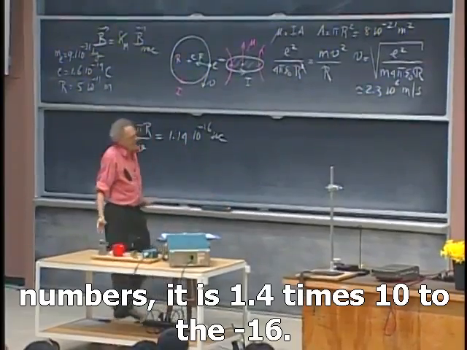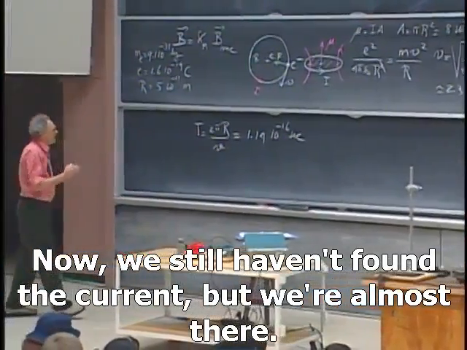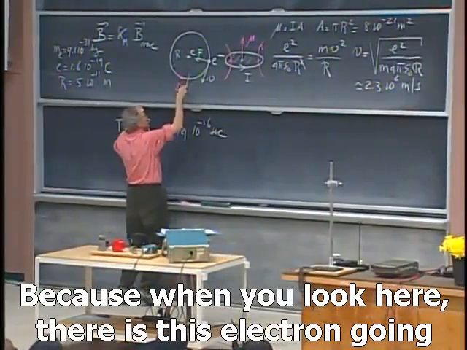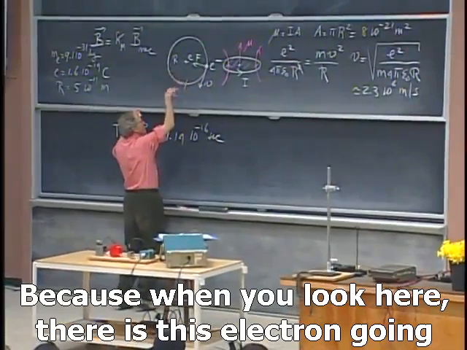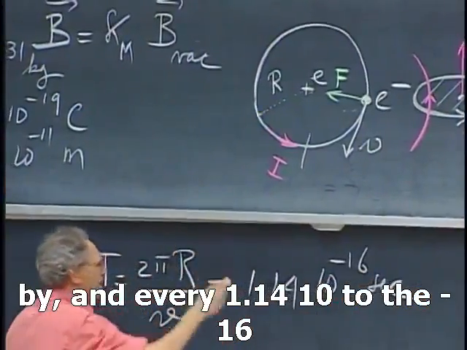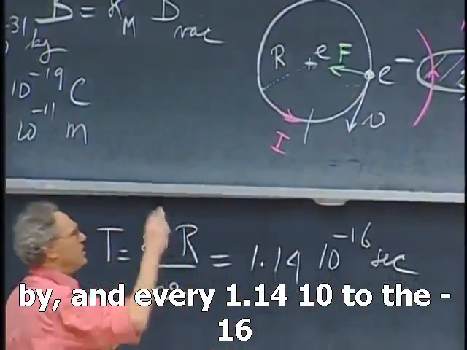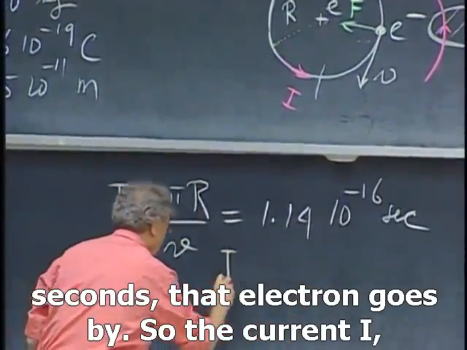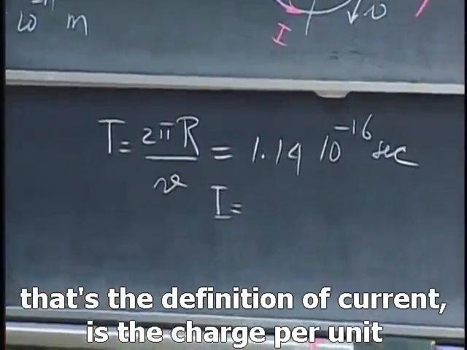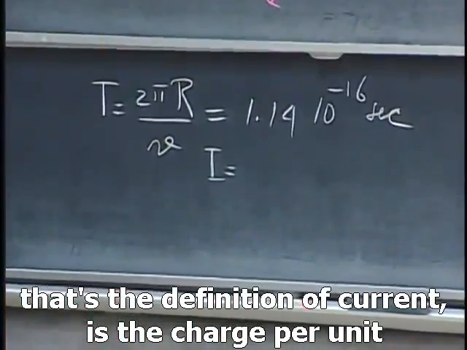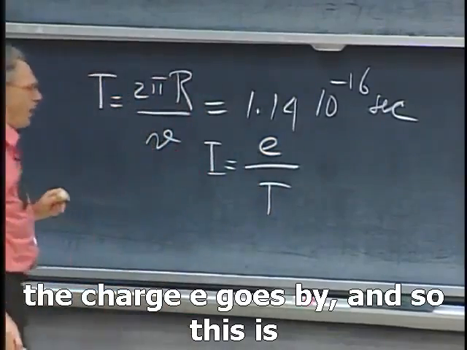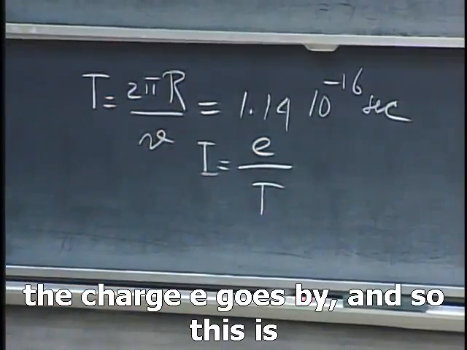Now, we still haven't found the current, but we're almost there. Because when you look here, there is this electron going by, and every 1.4 times 10 to the minus 16 seconds, that electron goes by. So the current I, that's the definition of current, is the charge per unit time. And so every capital T seconds, the charge e goes by, and so this is per definition the current.